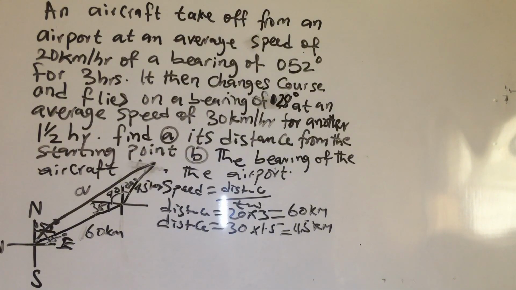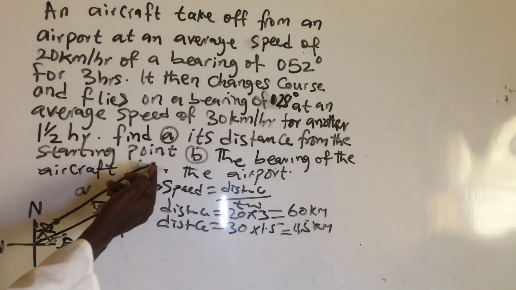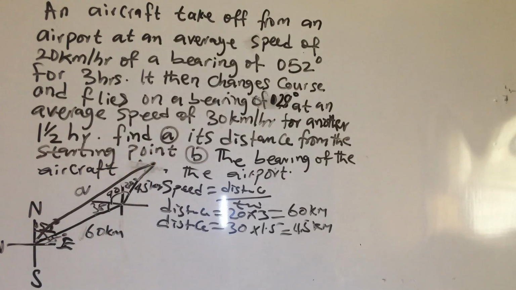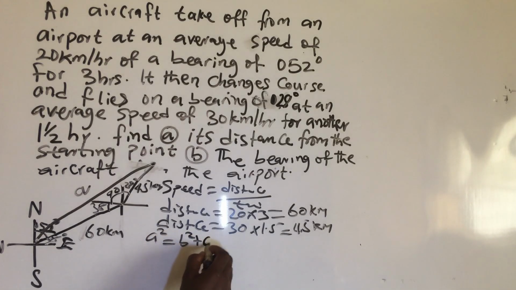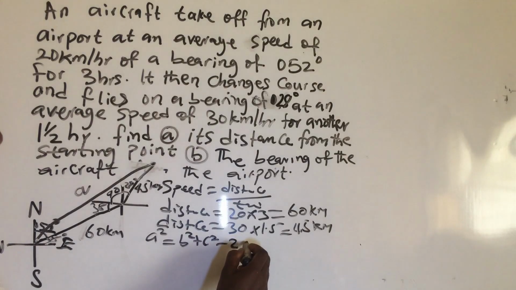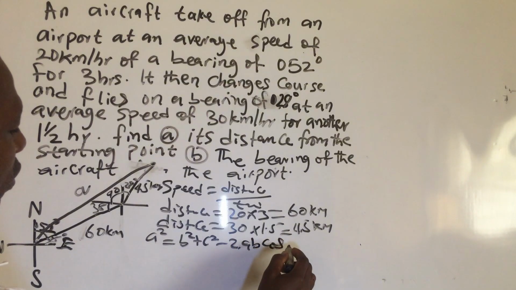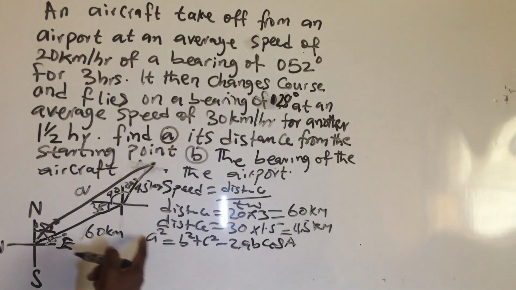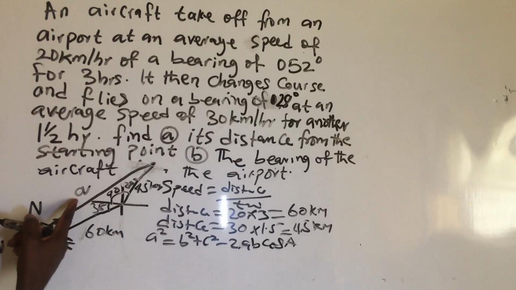We need the summation when we get there. So now looking for this distance, we will use the cosine rule, which says that a squared equals b squared plus c squared minus 2bc cos A, where A is the angle facing the side you are looking for.